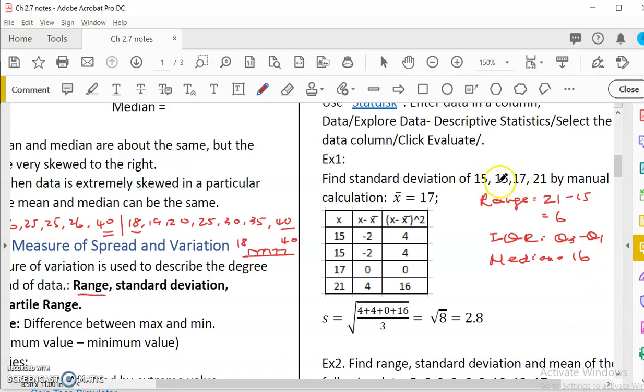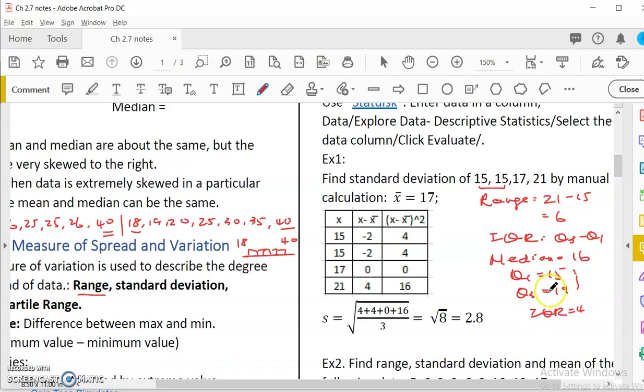Q1 is the middle of the first half, the 2 numbers 15 and 15, so Q1 is 15. Q3 is the middle of the second half, which is the middle of 17 and 21. 17 plus 21 divided by 2 is 19. So Q3 minus Q1, IQR is equal to 4.